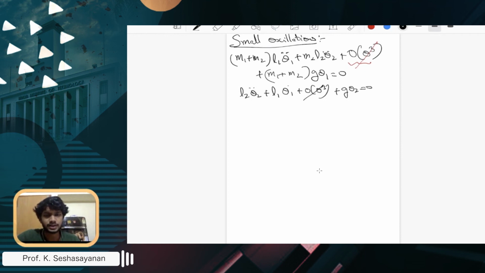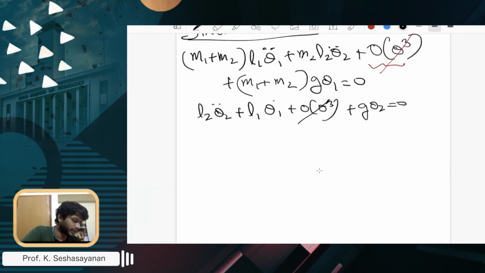So effectively what we did is that we have linearized the system, and there's one more assumption which was given in the question, to take m1 equal to m2 and l1 equal to l2. So we can also do that.